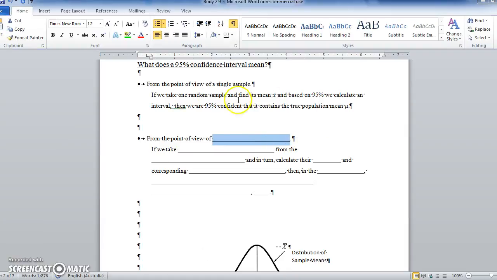That's probably the main safe way of viewing it. That's what's in the curriculum statement. Another way of viewing it is from the point of view of many samples.